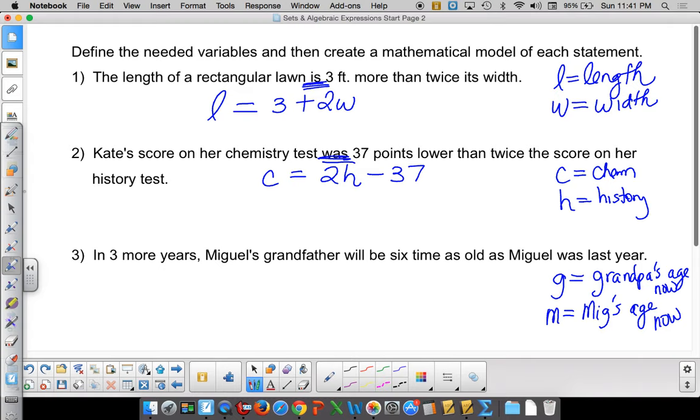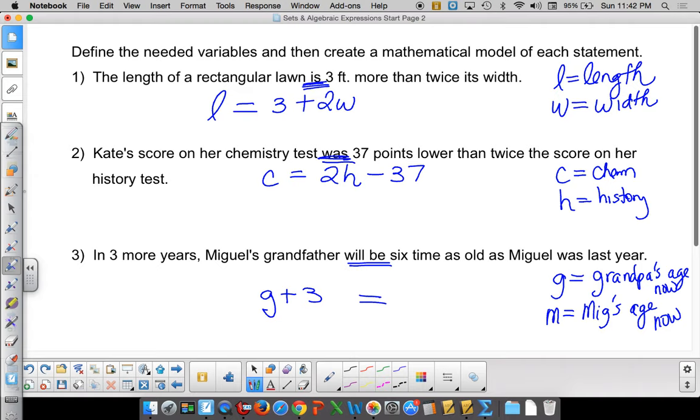So it says, in 3 more years, Miguel's grandfather will be, find that verb, will be, right there. There's the equal sign. So how do I do before that? In 3 more years, Miguel's grandfather. How old will Miguel's grandfather be in 3 more years? Well, if he's G now, he'll be G plus 3. 6 times as old as Miguel was last year.